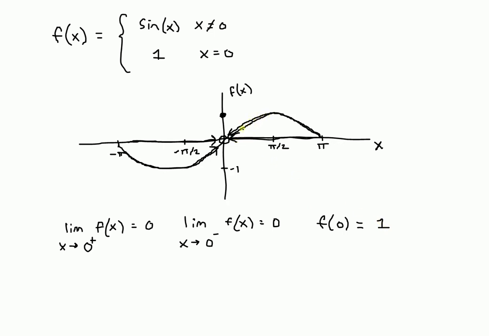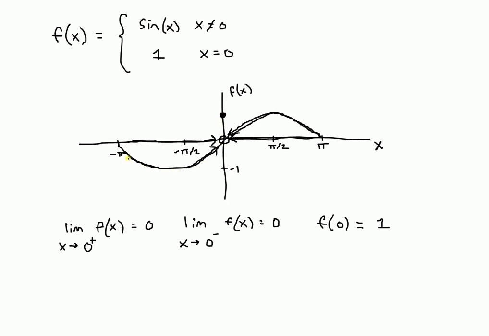As x approaches 0 from the right, it gets close to 0, same from the left. But at 0, it jumps up here and fills in 1. Just at 0, though. Any point on the right or the left, no matter how close to 0 you get, it doesn't actually jump up anywhere. Only right at 0 does it jump up and fill in 1.